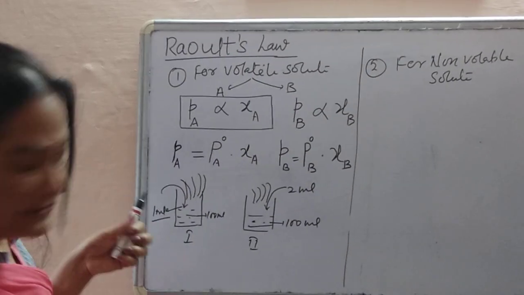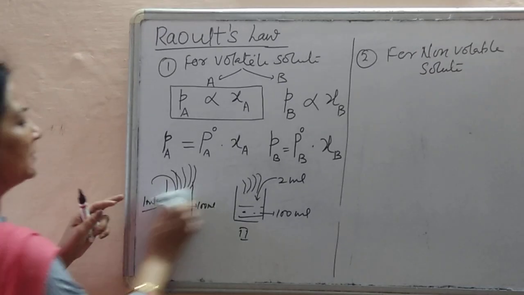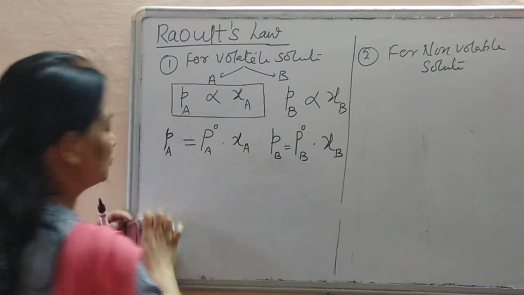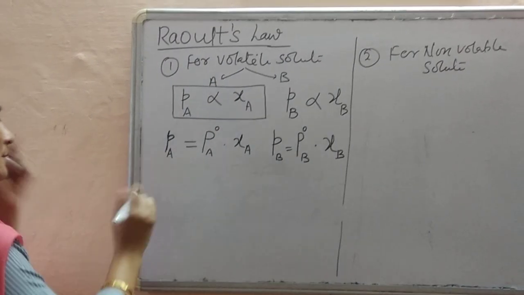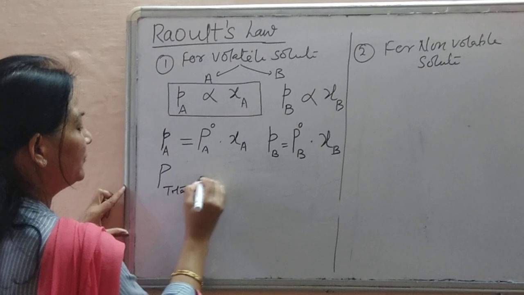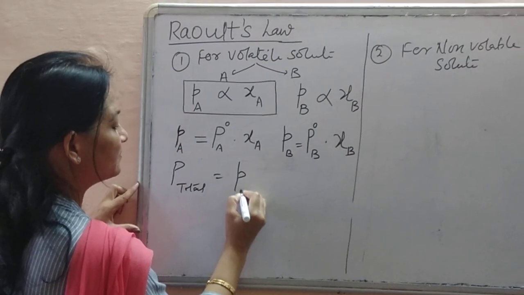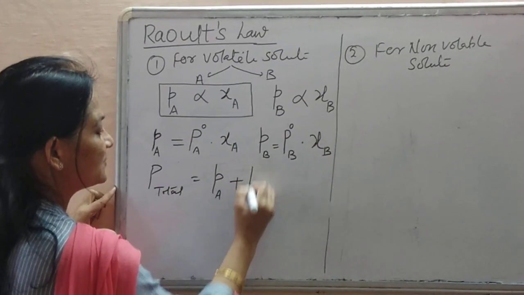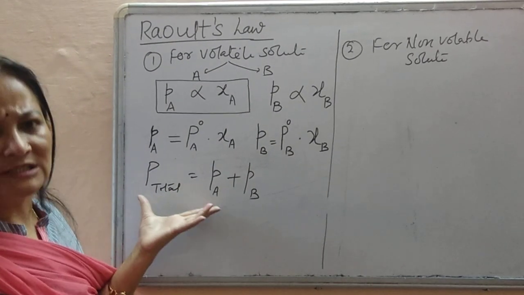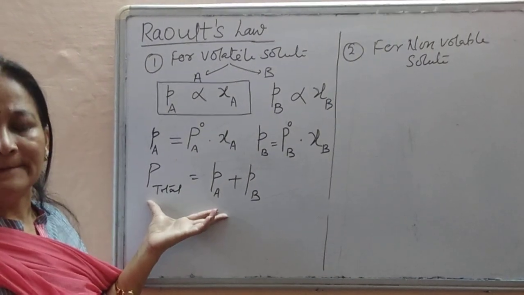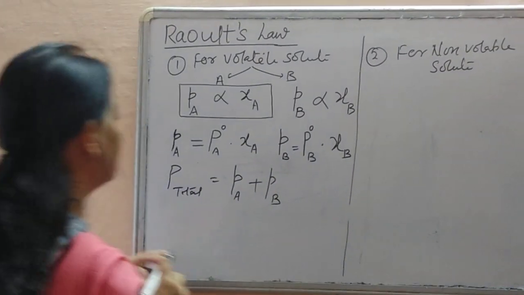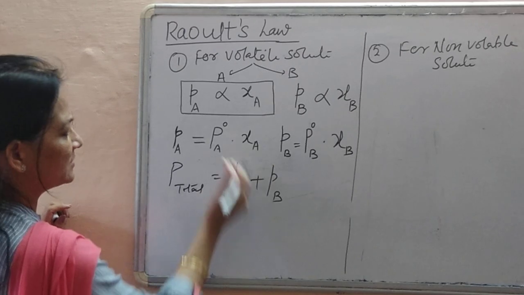And when we combine these two, because when we talk about the pressure of a mixture, we have to get the total pressure. And whenever we talk about the total pressure, we know that total pressure equals partial pressure of component A plus partial pressure of component B. We all know this is not Raoult's law, this is Dalton's law which we studied in class 11th. So P total equals PA plus PB, and we can replace these partial pressures.